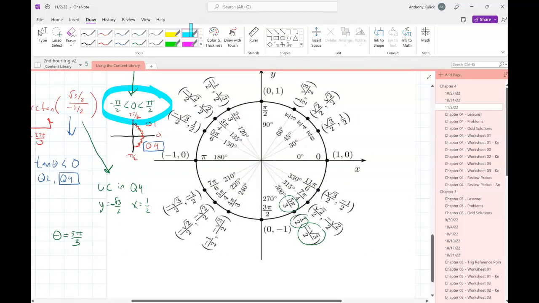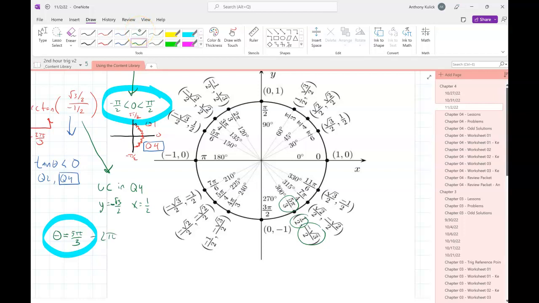Remember that I have to be between negative pi over 2 and positive pi over 2. What do I do? Yeah, I'll just subtract 2 pi. Great. Subtracting 2 pi, when I make a common denominator, 2 pi is the same thing as 6 pi over 3. So 5 over 3 minus 6 over 3 is negative 1 over 3, or in this case, negative pi over 3. And we're done.